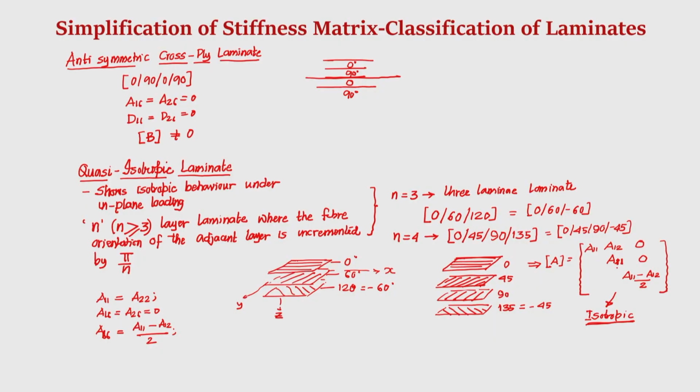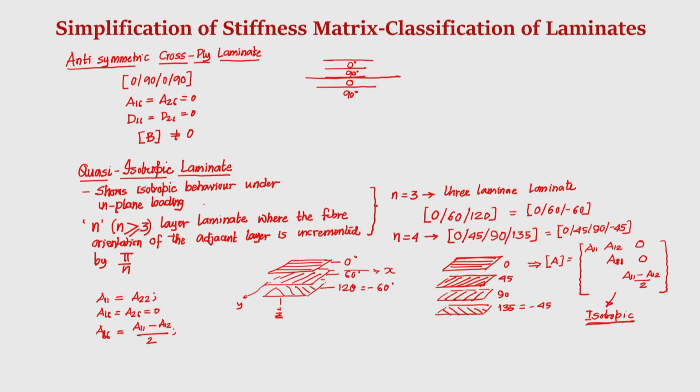Therefore, A11 equal to A22 means in both the x and y directions the stiffness is the same for the laminate under in plane loading. Please note that A represents in plane loading. So this A matrix, the representative of the in plane response of the laminate, behaves like an isotropic material.